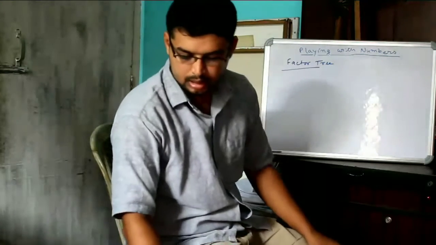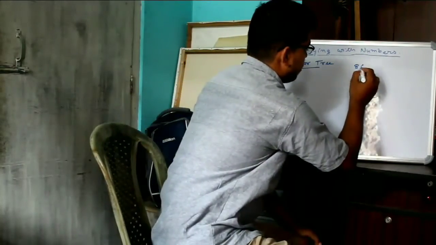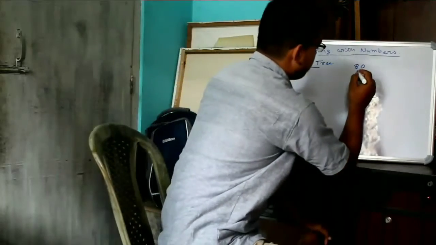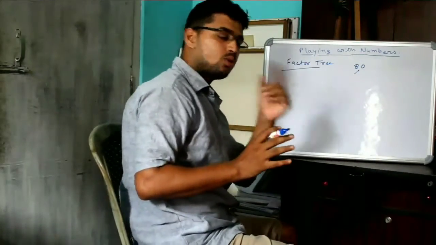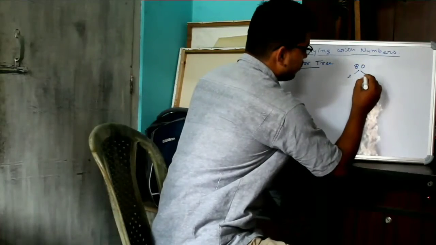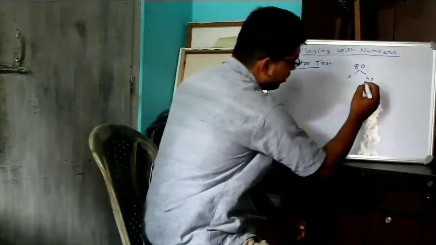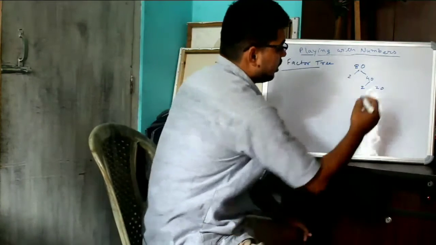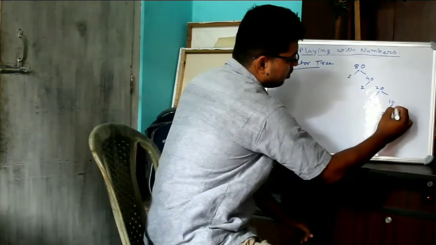Next, the factor tree. Let us consider 80. This is one of the processes of prime factorization. 80 is 2 into 40, and 40 is 2 into 20, and 20 is 2 into 10, and 10 is 2 into 5.